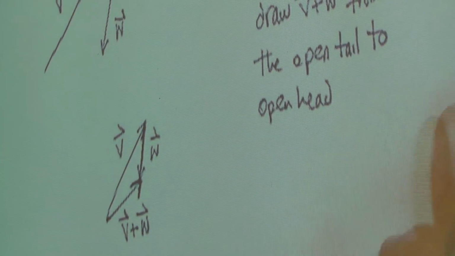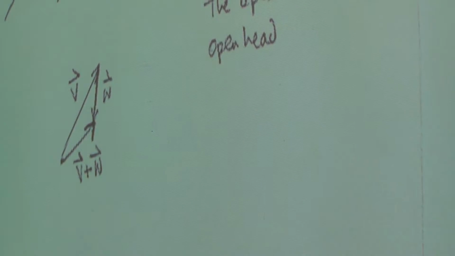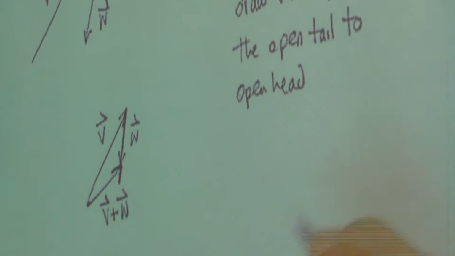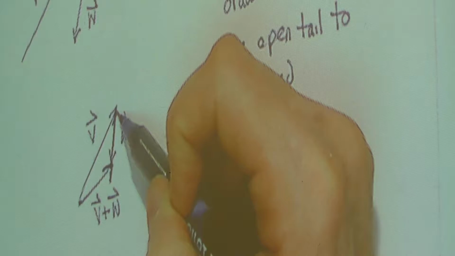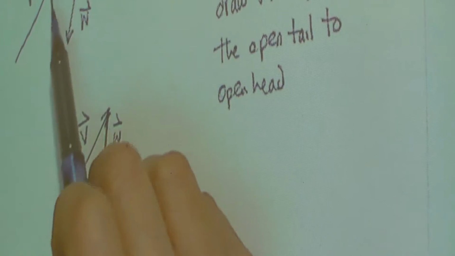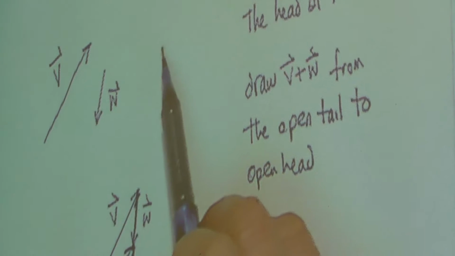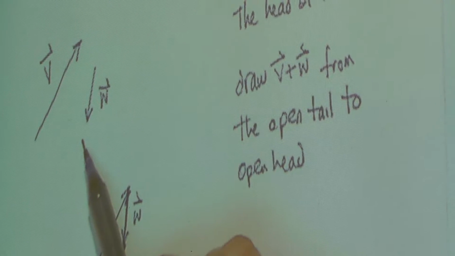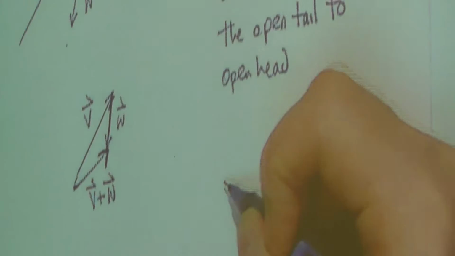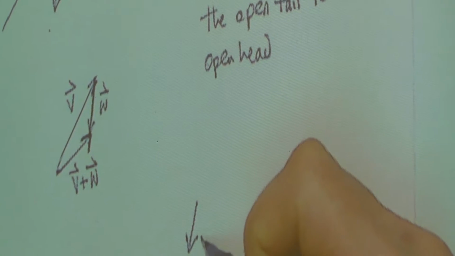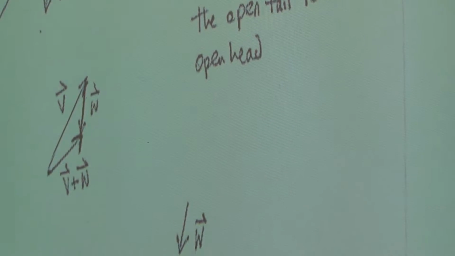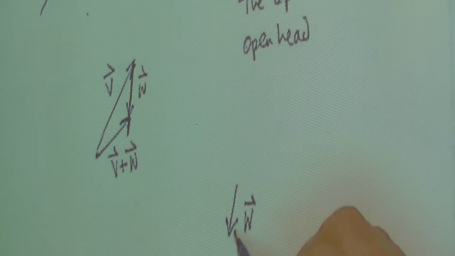The comment then is that addition is commutative. It doesn't matter the order in which I add. So if instead of placing W onto the head of V, if instead I take V and put it head to tail on W, so let's say, here is W, and then I'm going to put V in this way.